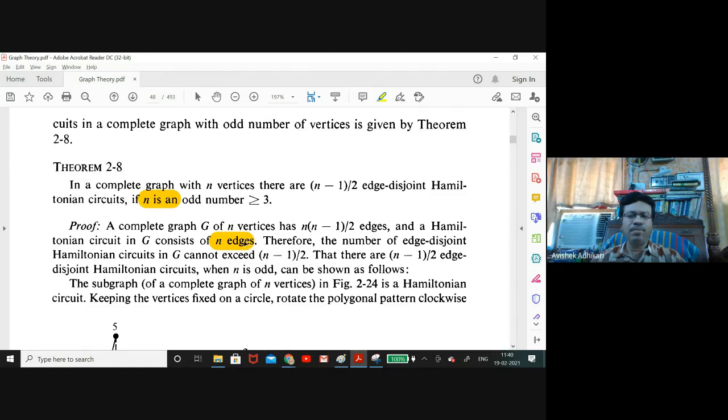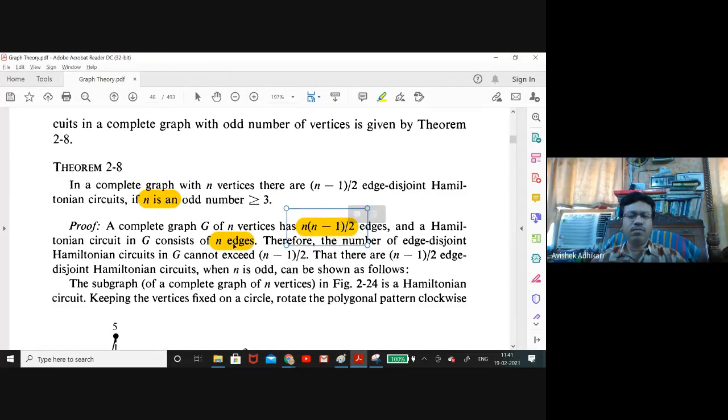So the number of edge disjoint Hamiltonian circuits in G cannot exceed this, because each Hamiltonian circuit will contain n edges, and there are this many edges.